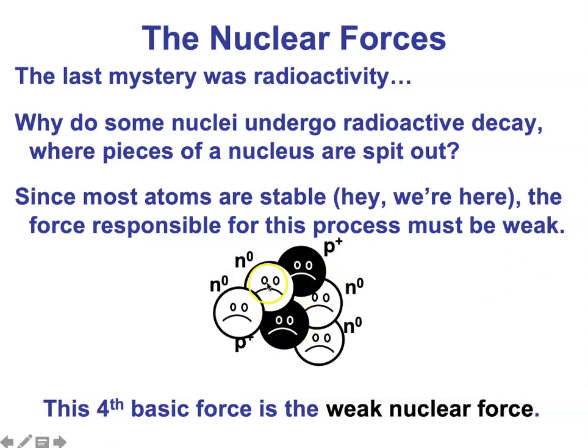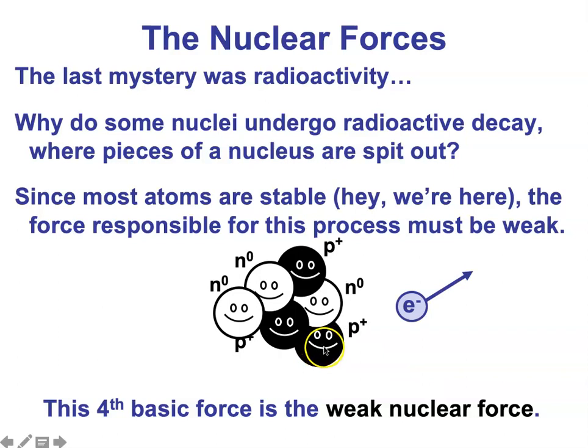Because as these protons and neutrons are moving around and can't find a stable situation, sooner or later the weak nuclear force comes in, and in this case, with this nucleus, what can happen is the weak nuclear force comes in and says, "Hey, neutron, why don't you turn into a proton?"